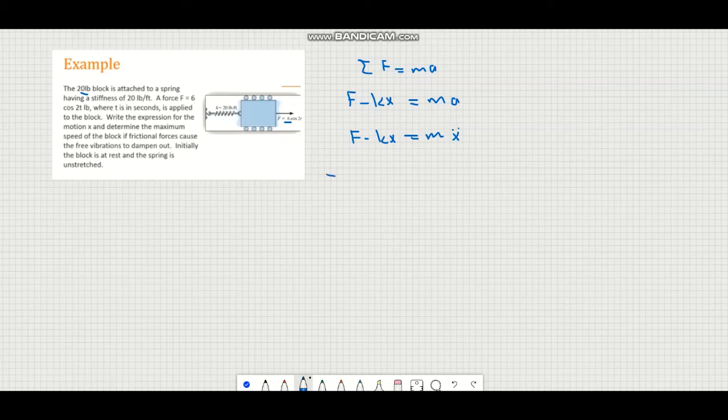So if we write it down in our standard form, mx double dot plus kx would be 0 if it is free. Here it is F, because it is forced vibration. So we divide by m, and we say x double dot plus the natural frequency squared times x is going to be equal to F over m.